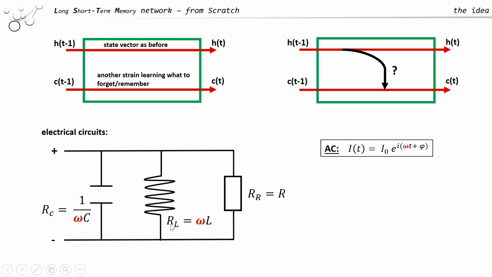What is important, however, is how the resistance of the coil and the capacitor depends on the frequency of the current. So for example, for the capacitor, the resistance goes with 1 over the frequency. So what does it mean? If the frequency is high, the resistance goes down and gets lower. Therefore, high frequency signals can pass this part of the electrical circuit through the capacitor easily because the resistance is low.